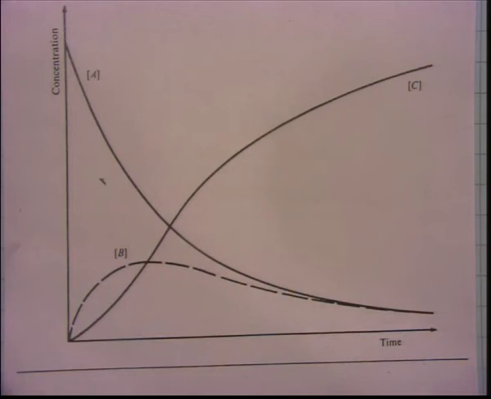This plot again has meaning only if you choose some ratio of k1 and k2. So, in this case k2 is 2 times k1. For this plot k2 is 2 times k1.